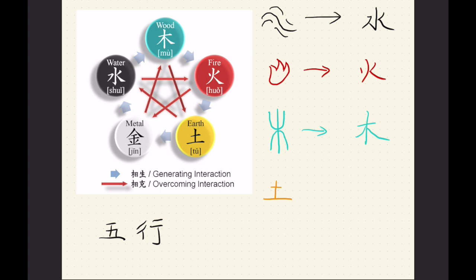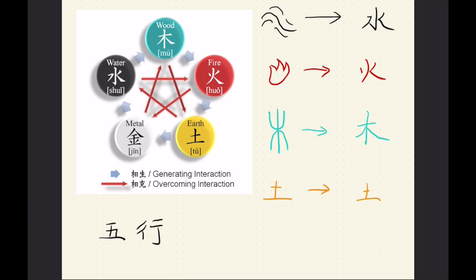Earth. And our modern writing is almost the same as the ancient writing, such as this. Its pronunciation is 土. It means earth.